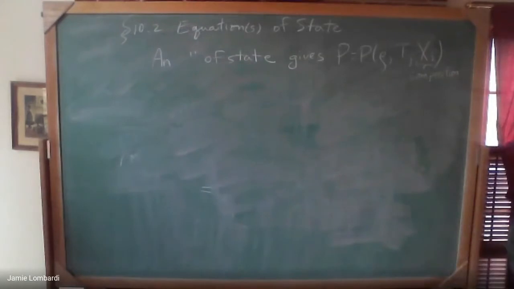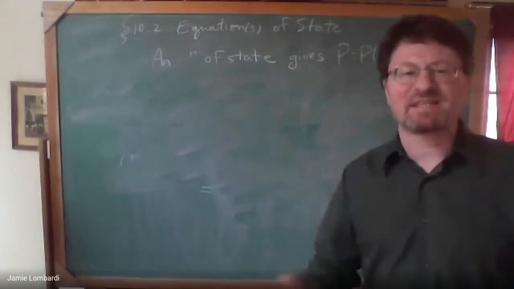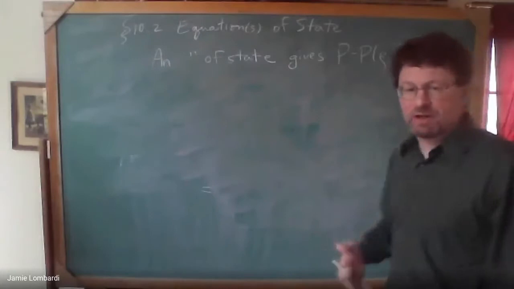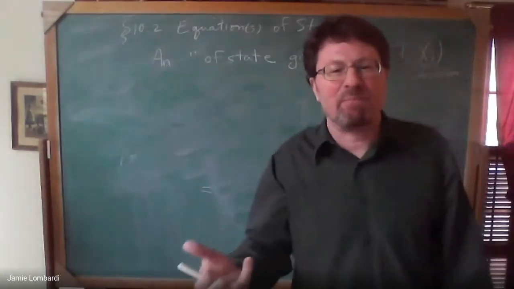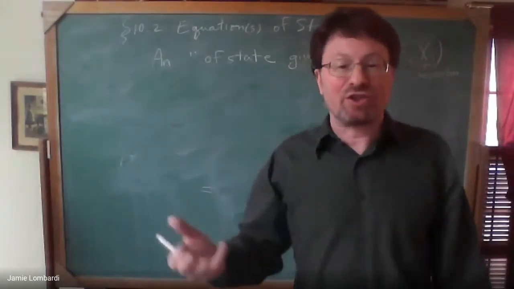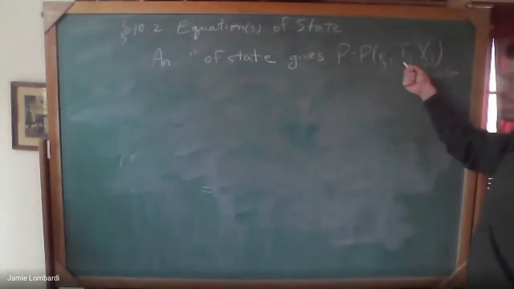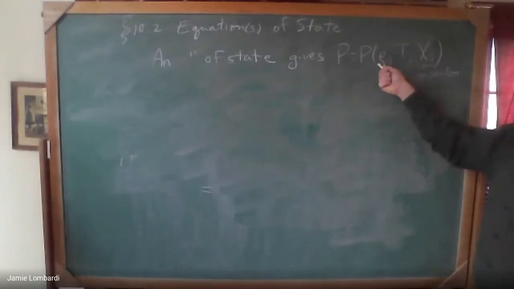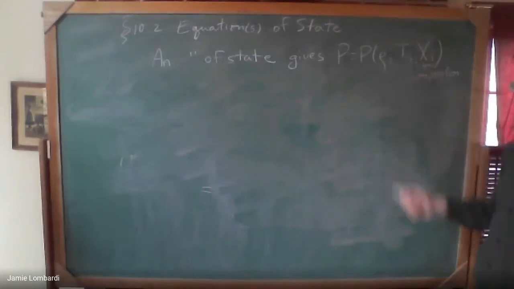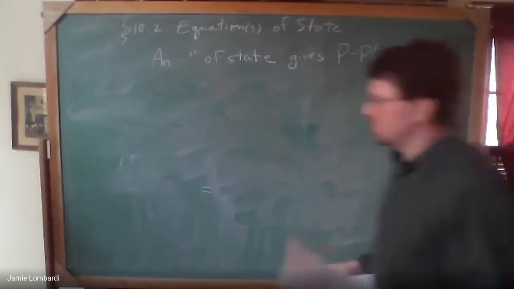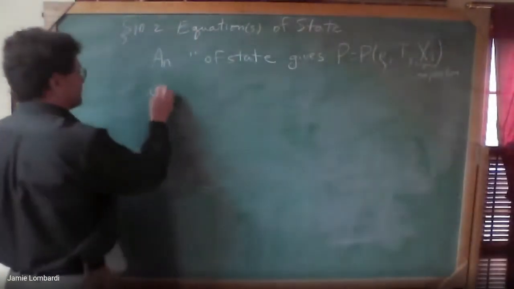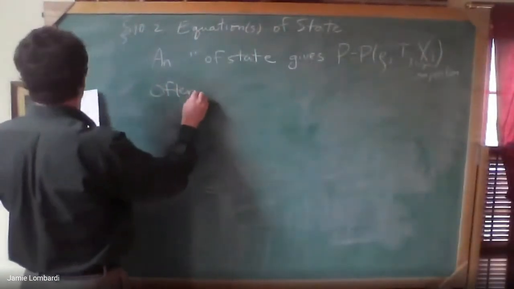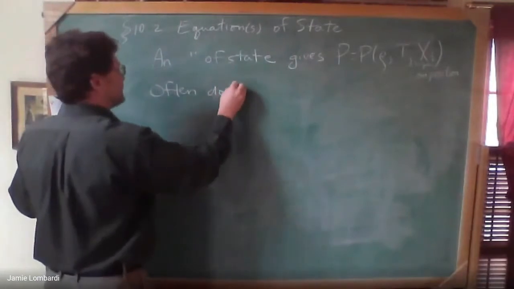And so those x values are telling you what the gas is made up of, right? So hydrogen at a certain density and temperature might have a different pressure than helium at the same density and temperature, for example.